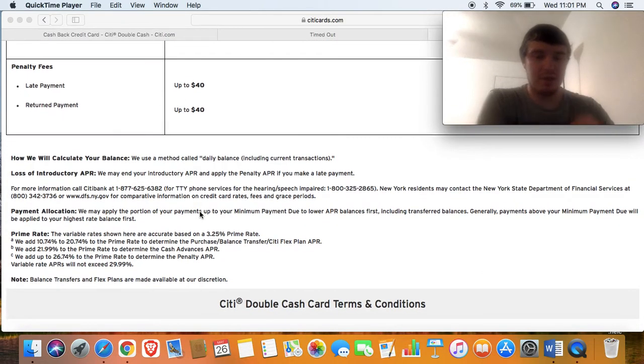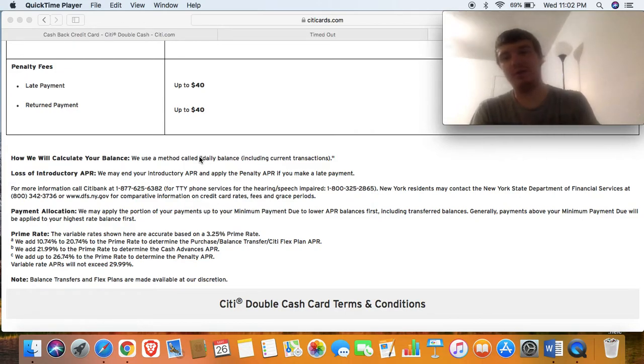Okay, so we get down here, how we calculate your balance. And then they say we use a method called the daily balance. It's complicated how they do it, but basically how to think about it is, whatever the amount is at the end of the day that you owe on your card, they charge you interest on that amount every single day.